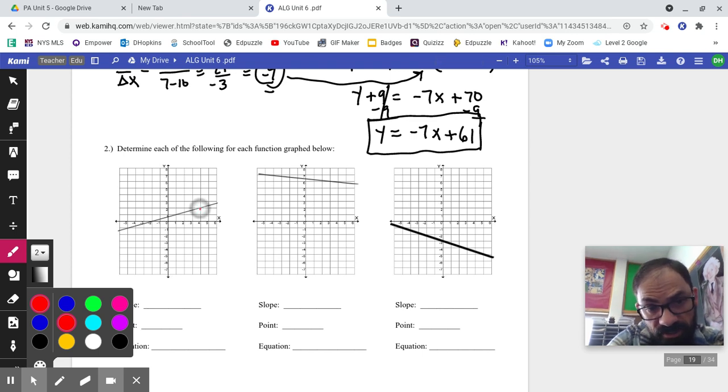So I'm looking at this right here, and I'm thinking this one right here. So the slope of this line, up 2 over 6. So the slope is 2 over 6, or 1/3 in reduced form.